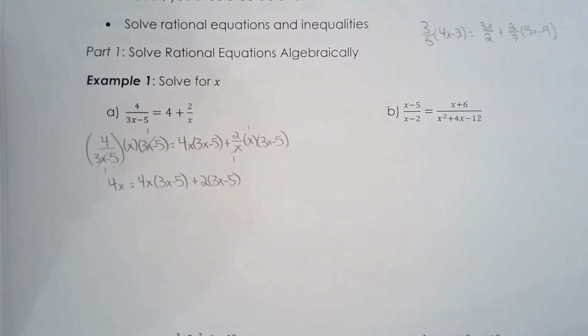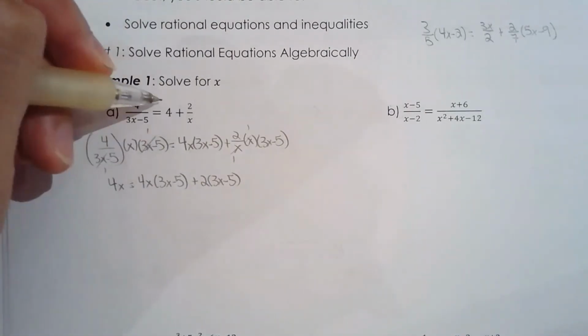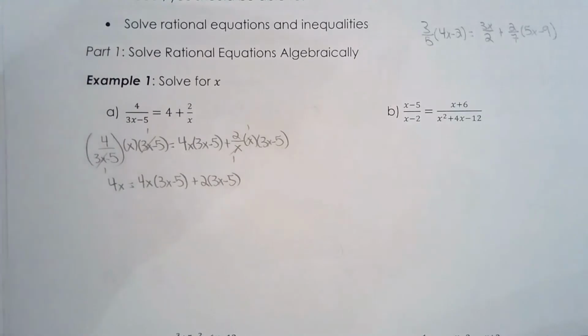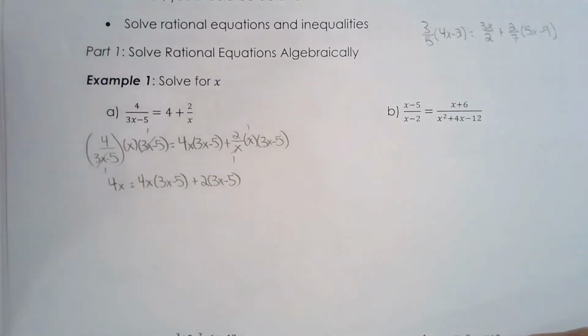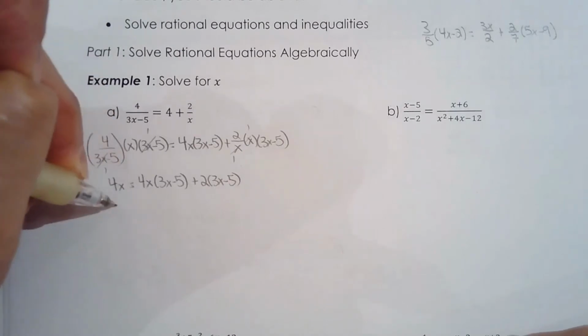So what do you see here? You go from a rational equation to our old friend, the polynomial equation. Isn't that nice? We know how to do polynomial equations. Expand, set equal to 0, and just factor.